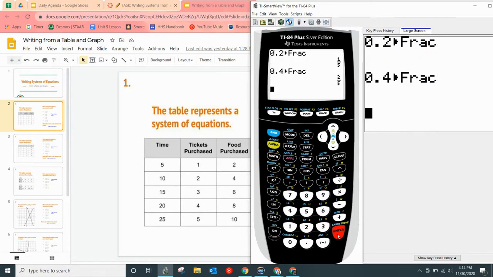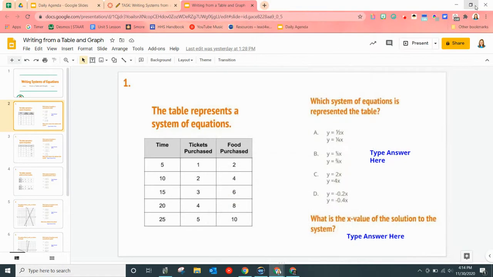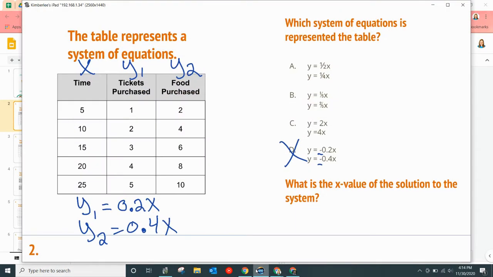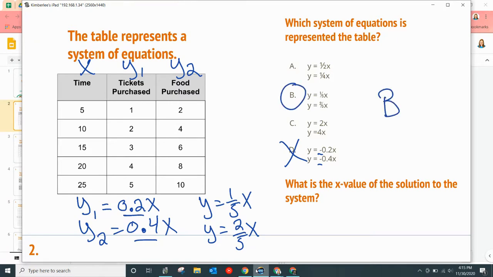So that is the fraction 2/5. So I'm actually looking for y equals 1/5 x and y equals 2/5 x, because those fractions are equivalent to these decimals. I see that one, it's B. So over here, you would type B as your answer choice.